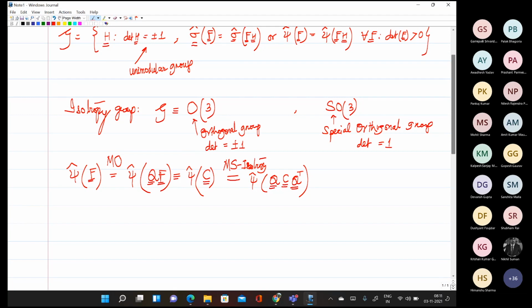So that means psi hat must be depending on C in some special way.